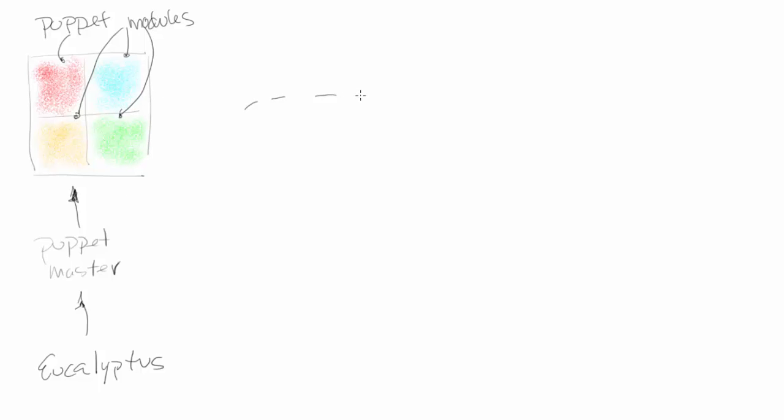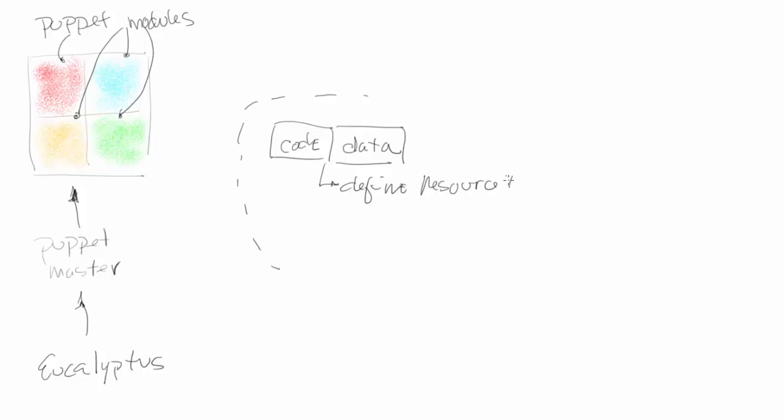So let's take a look at one of these Puppet modules and see what's inside of them. So we have code, of course. We have another box here. We have data. And within these also, we're going to define the resource type. In addition, we're going down here and we're going to define the dependencies that are within the environment as well.